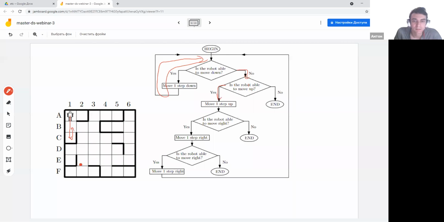We move up one step. And if it is able to move right, which is again true, we move right once, and then the very same question, we move right the second time.